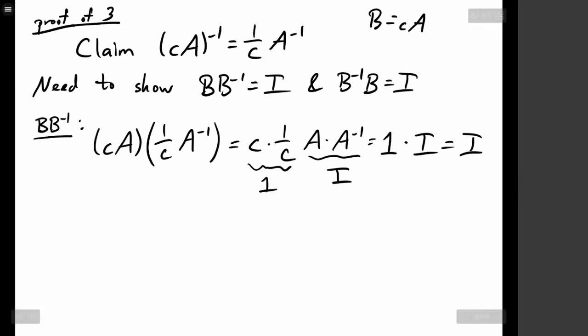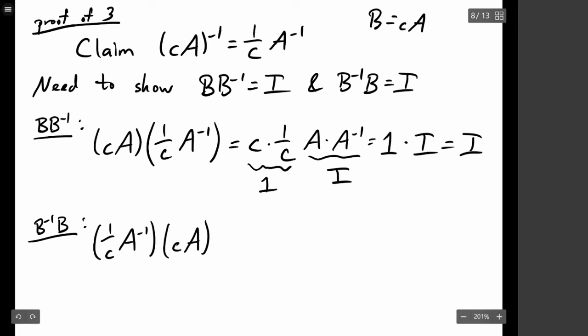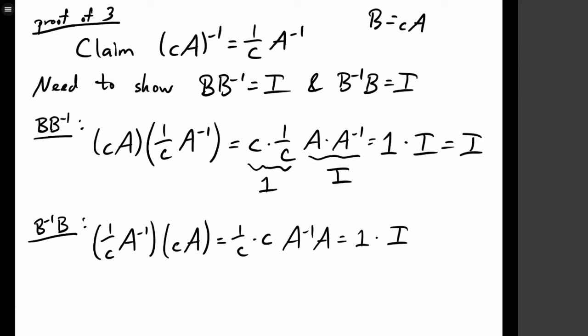And you can do a similar thing for this one, we just multiply in the other order. I don't know why I keep wanting to write 3 there. I think it's because it's property 3, and that's just on my mind. Anyway, again we just rearrange things here, and we have the exact same thing, because A inverse times A, we know that's the identity.